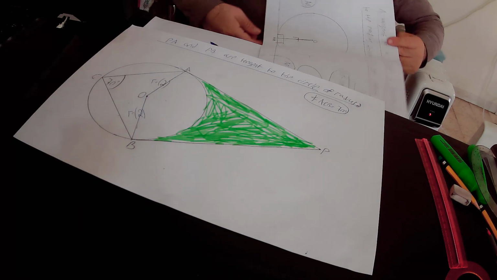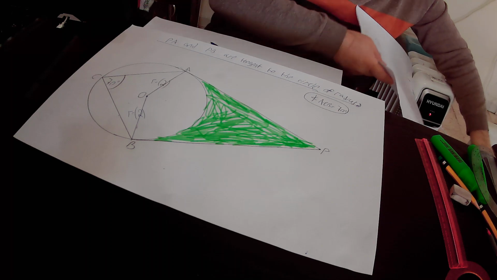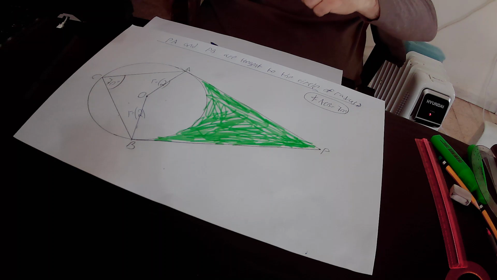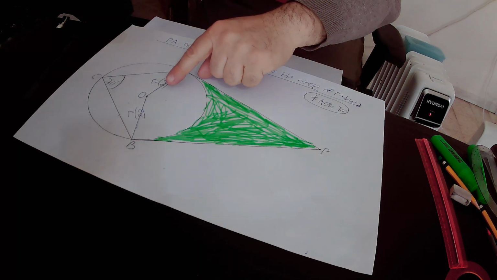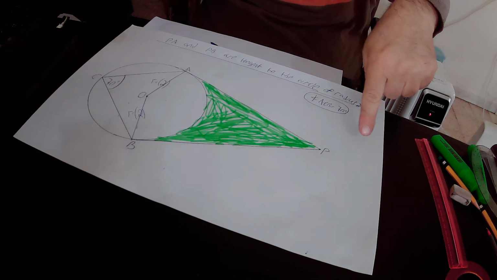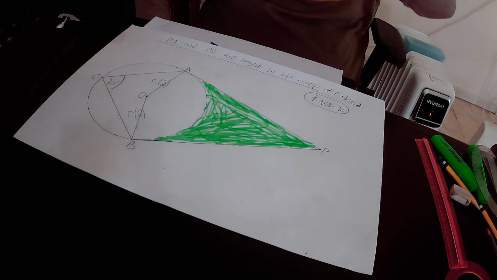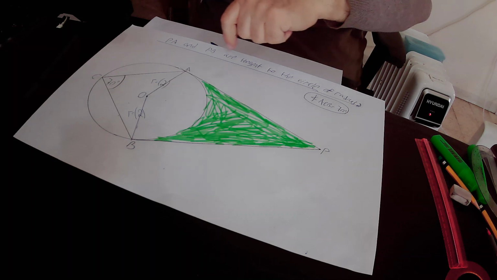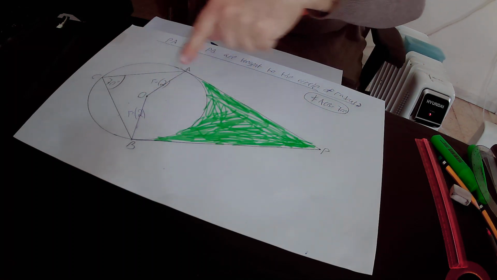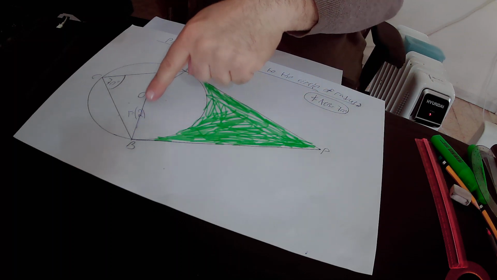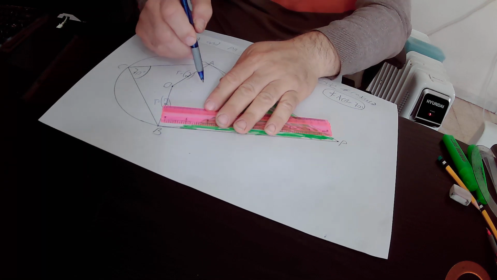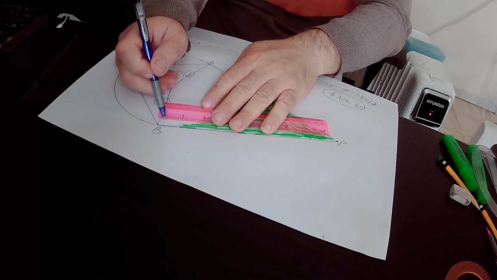So we can implement rule 1 in our drawing. Why? Because in our drawing we have the radius OB drawn to point B, the point of tangency of tangent PB with this circle. Whenever you have a radius drawn to the point of tangency, tangent PB will be perpendicular to the radius BO. If PB is perpendicular to BO, it means that this angle equals 90 degrees, according to rule 1, of course.